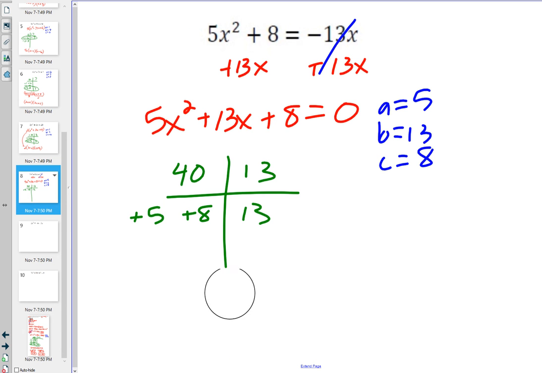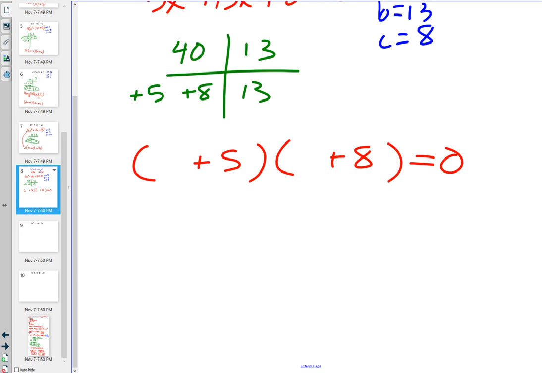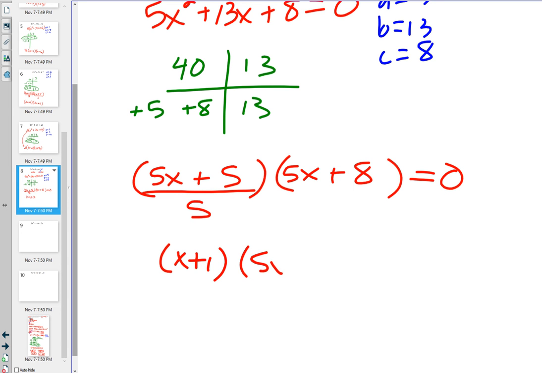But because A was not 1, when I write this plus 5 and plus 8, don't forget it was equal to 0 with the equation, I have to write the A in front, so it will be 5x and 5x. Do any of these have a common factor? The first one, divided by 5. And x plus 1 and 5x plus 8.